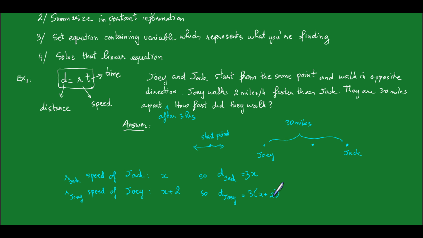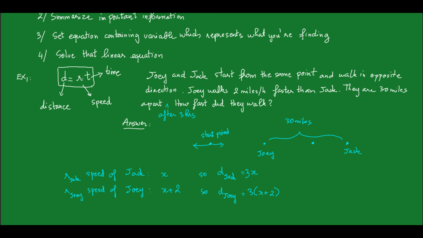Okay, 3 times x plus 2. That is D of Joy. So after you got D of Jack, you got D of Joy.